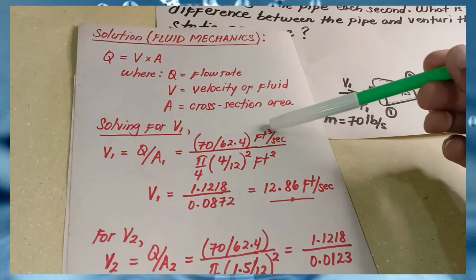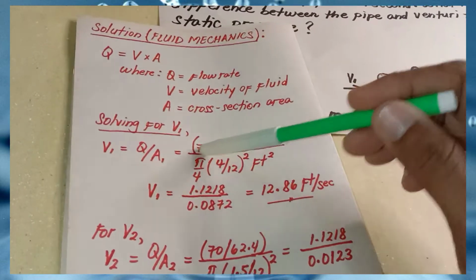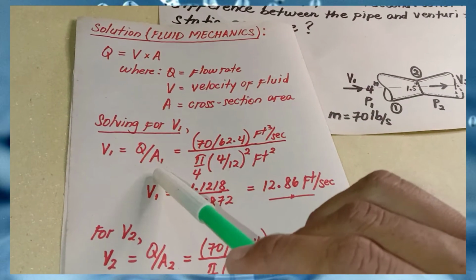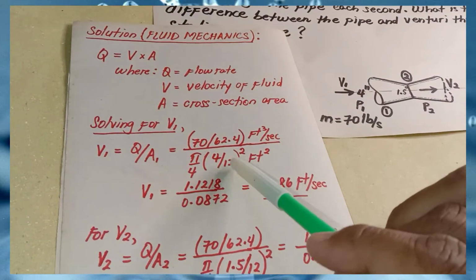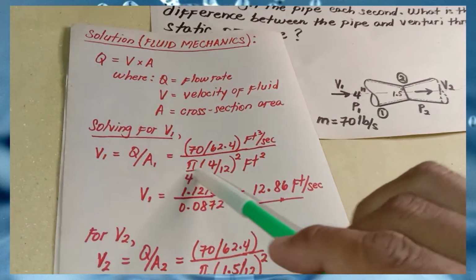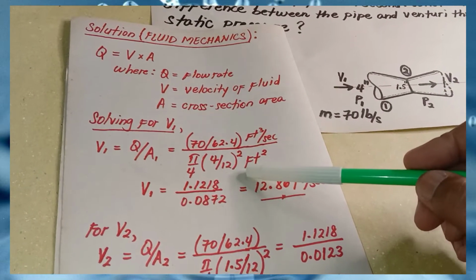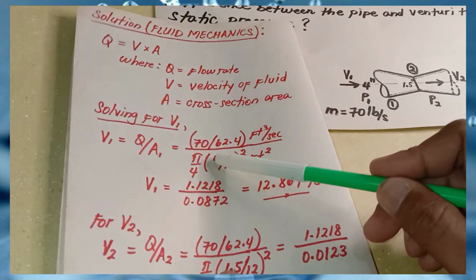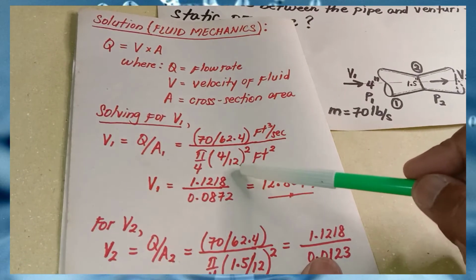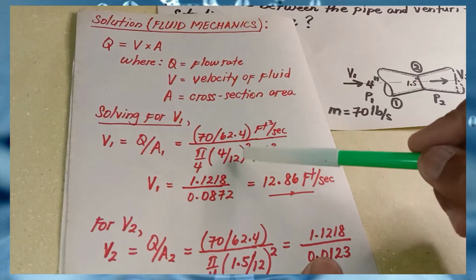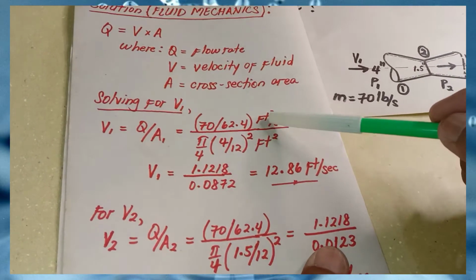So the resulting unit in the numerator is cubic feet per second, over the area of the entrance pipe, whose diameter is given as 4 inches. So the area of the pipe is πd squared over 4. Substituting the values, we have 4 inches divided by 12 inches to become feet, and we square it to get feet squared so the units are consistent.